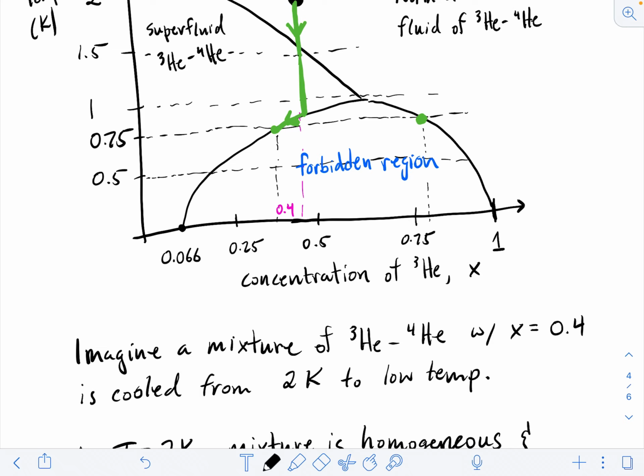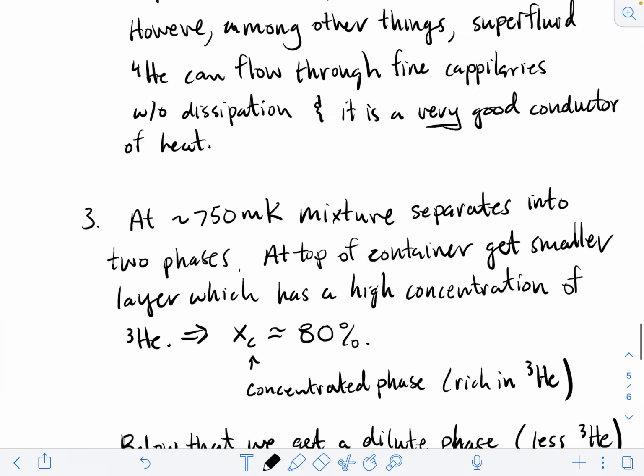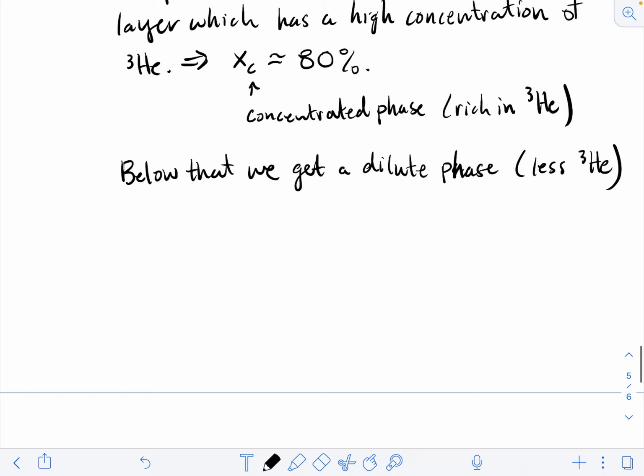You know, maybe it's just a little bit below 0.4, something like that. And so for this temperature, we would say that the concentration of helium-3 in the dilute phase is something that's a little bit less than 0.4. Okay, because we've lost some of the helium-3 to this top layer.